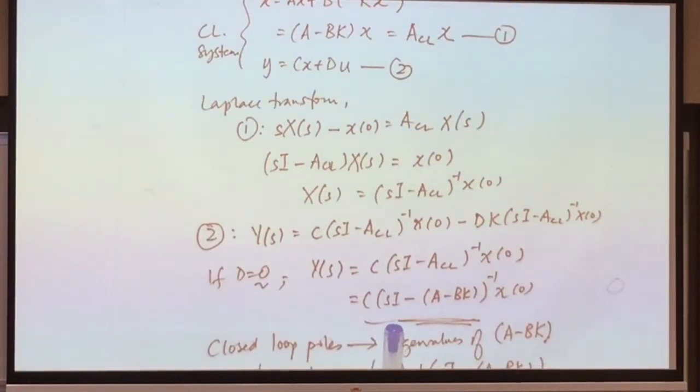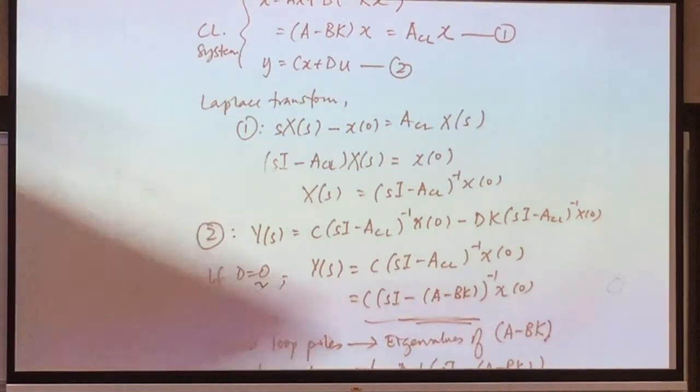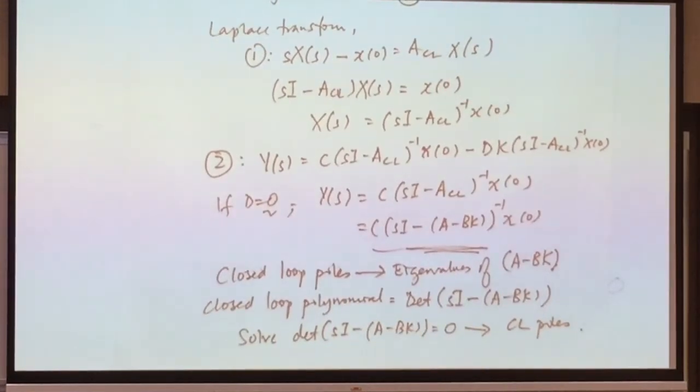Y is C (sI minus ACL) inverse. I wrote this as A minus BK purposely. Now we have ACL as A minus BK. Okay, and what does this tell you? End of the day, if you are looking for closed loop poles, you are now looking for the eigenvalues of A minus BK.